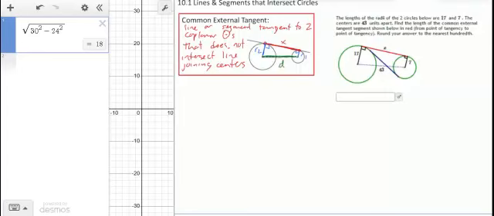And what you're going to do to solve for this is remove a rectangle from that. So notice in this rectangle, one side is x, the opposite side is r1. It's the same type of triangle, right? We're looking at the common tangent and the radius of the other circle.